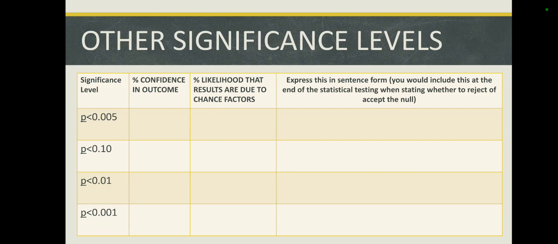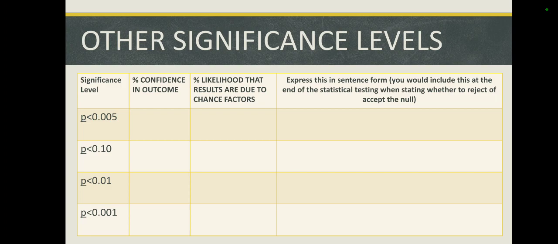You should be able to see from that 3 of those alternate significance levels are more stringent or more strict than 0.05. Okay, so 0.05 level gives us a 5% risk of chance factors.